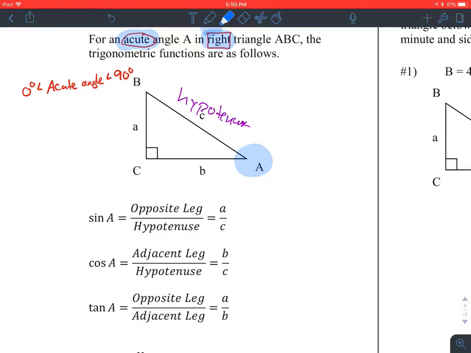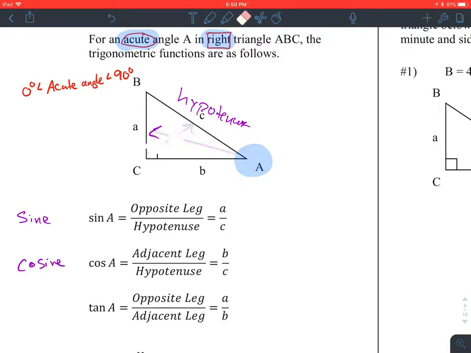The definition of sine of an angle, S-I-N, is the opposite leg over the hypotenuse. In this triangle, the opposite leg, once again, is A. The hypotenuse is C. That's why this says A over C. The next one is cosine of an angle.